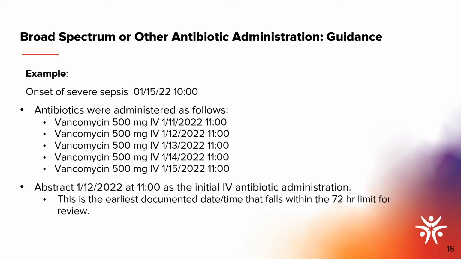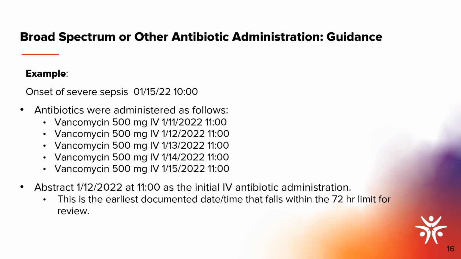This example illustrates one drug given for multiple days prior to the onset of severe sepsis. In this example, the onset was 1/15 at 10 o'clock. The antibiotics were administered as follows over the days prior to onset. So we've got 1/11, 1/12, 1/13, 1/14, and 1/15, and they were all given at 11 o'clock.